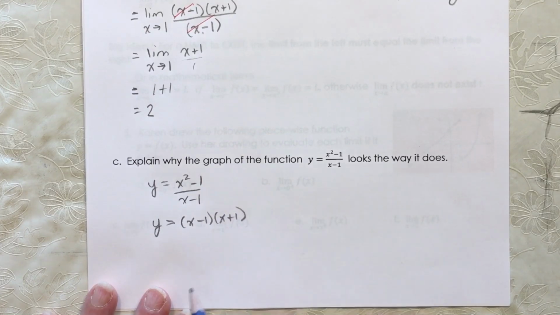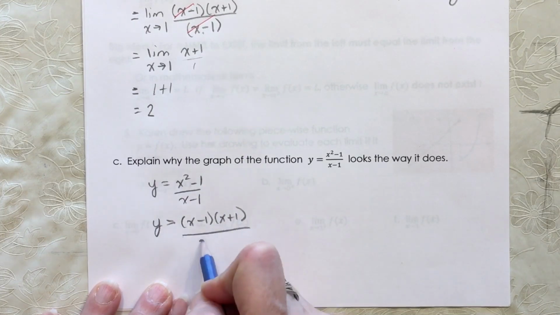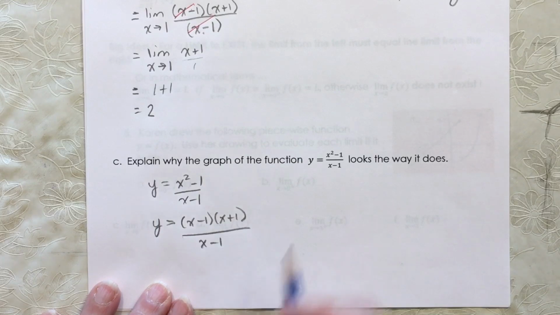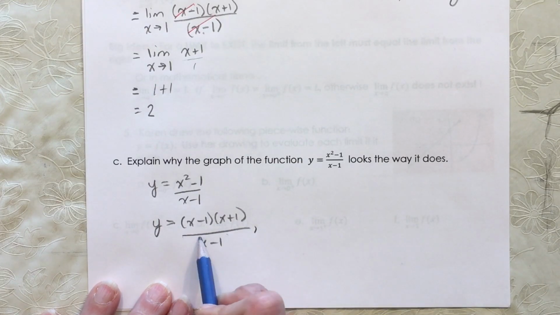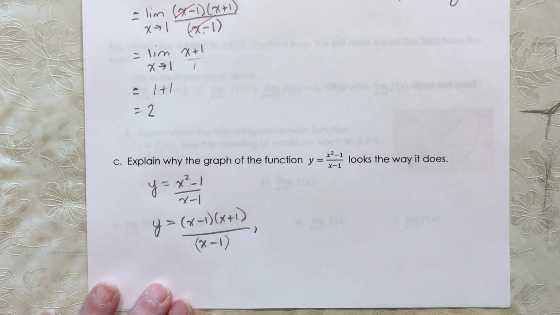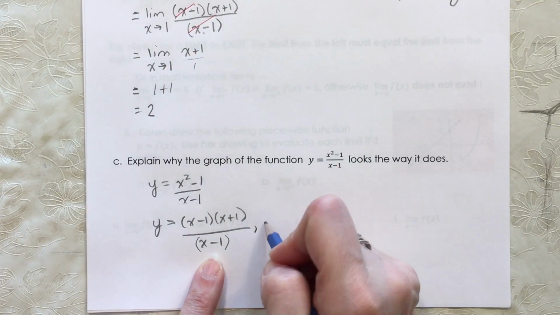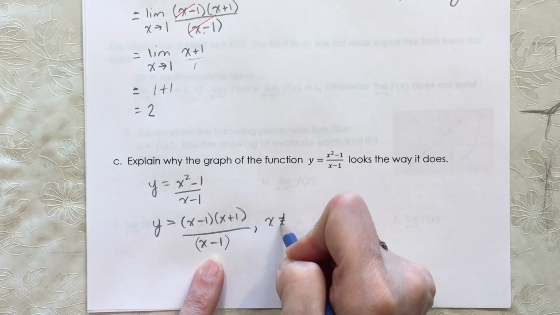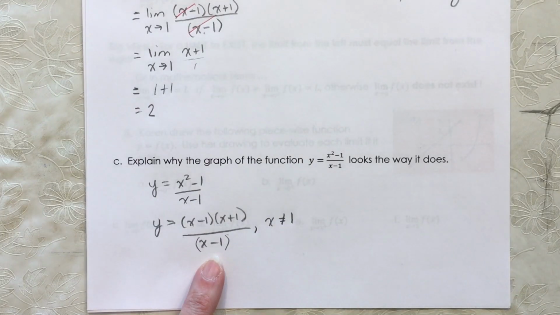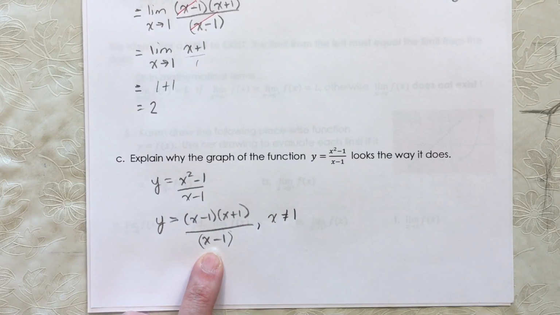So the top again is a difference of squares. The bottom can't be factored. But then we also had to state restrictions on the denominator, because we never wanted this denominator to equal 0. So we would say, as long as x is not equal to 1. So x can never be 1, because if x was 1, we'd have 0 in the denominator.